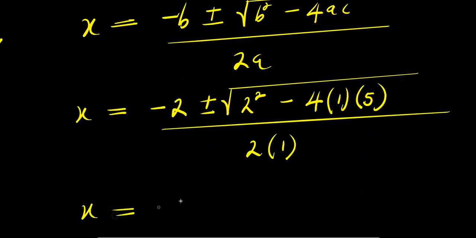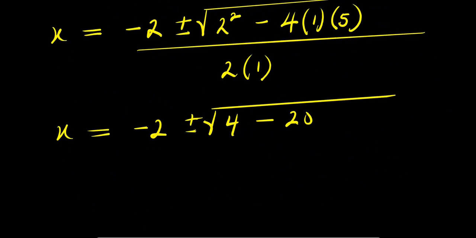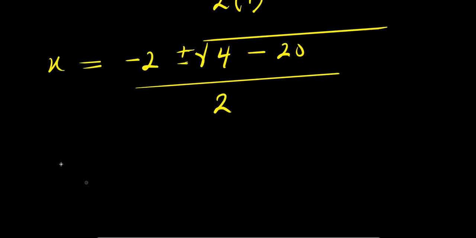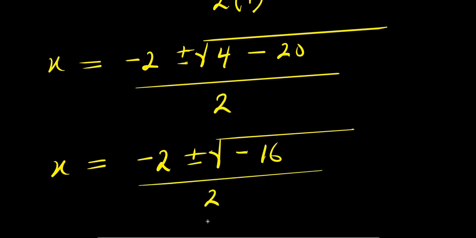From here I have x equals negative 2 plus or minus square root of, this is 4 minus 20, divided by 2. So, from here, I have x equals negative 2 plus or minus square root of minus 16, divided by 2.